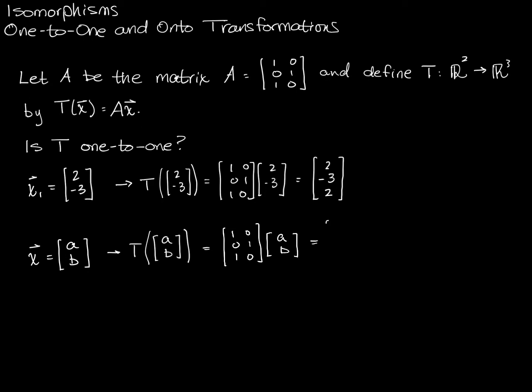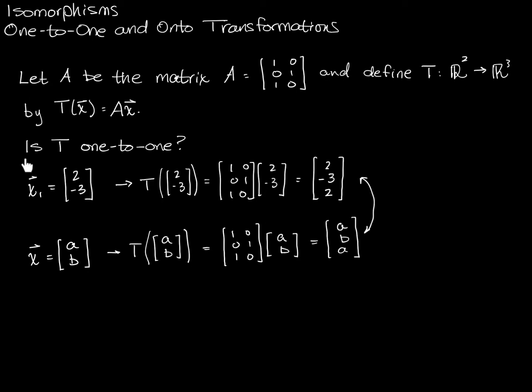And I'm going to get then 1 times a plus 0 times b, 0 times a plus 1 times b, and 1 times a plus 0 times b. And you can see the pattern here, right? This is with general numbers, this is with specific numbers, but in this transformation you're always going to get a 3 by 1 vector, which is made up of the two components from the input vector plus a third component, which is the first component repeated. That's always going to happen.